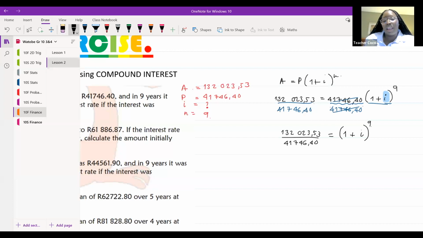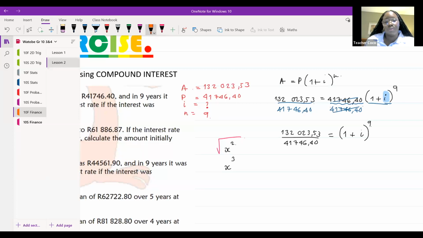Pamela, if I gave you x squared and I wanted to get x on its own, what would I do? I could go the square root. Yes? Good. Now, what if I said x cubed? I want x on its own. What would I have to do?